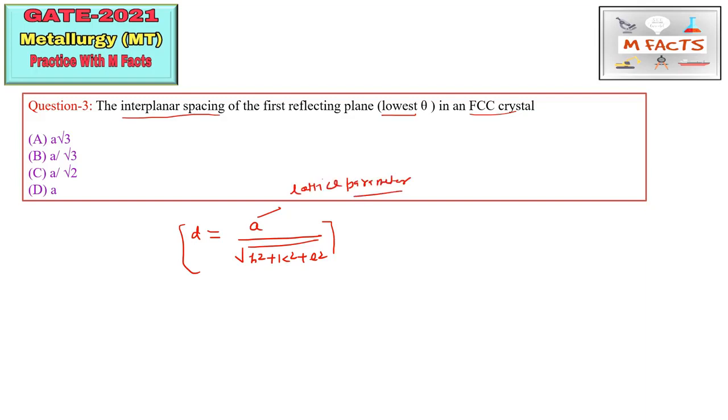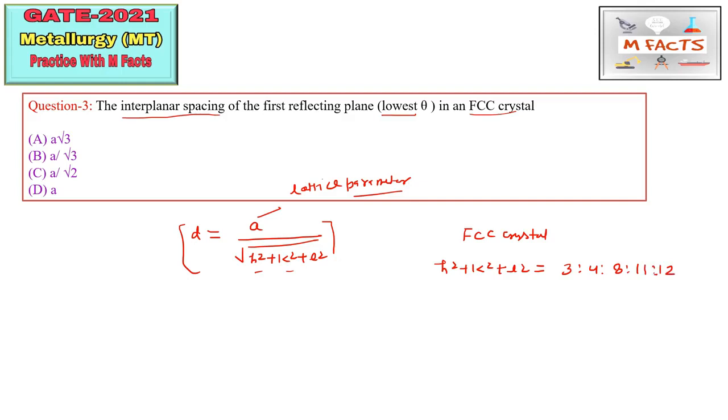And this h square plus k square plus l square is for reflecting planes. And you know, from the extinction rule for FCC crystal structure, this h square plus k square plus l square is equal to 3, 4, 8, 11, 12.